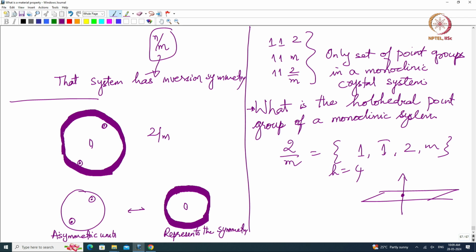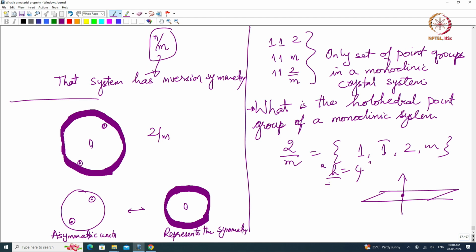Whereas the two-fold is axial, so we'll come to it. It's called a polar group in some sense, because there is no unique point along the two-fold axis of symmetry, but that's okay. So I give you a crystal with an underlying point group which is 2 and one with an underlying point group which is 2 by m, and I ask you which is more symmetric, right. Somehow intuitively you tell me that 2 by m is more symmetric. But if I have to ask you what exactly defines more symmetry or less symmetry, it is this h value, right.